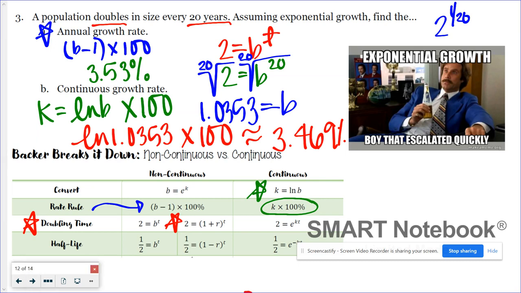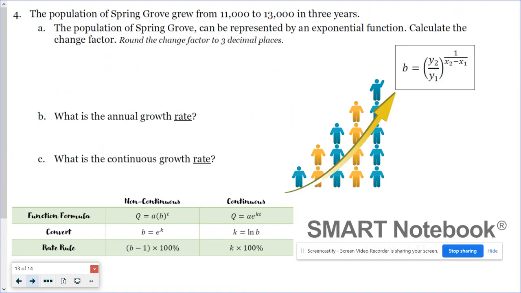So let's check out one more example. In this problem, we're told that the population of Spring Grove grew from 11,000 to 13,000 in 3 years. That means if we assume that the population can be represented by an exponential function, we can calculate the change factor. The change factor formula is over here. We used this formula quite a bit in the previous chapter.